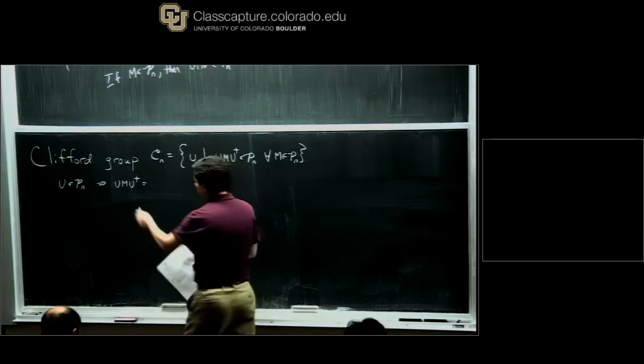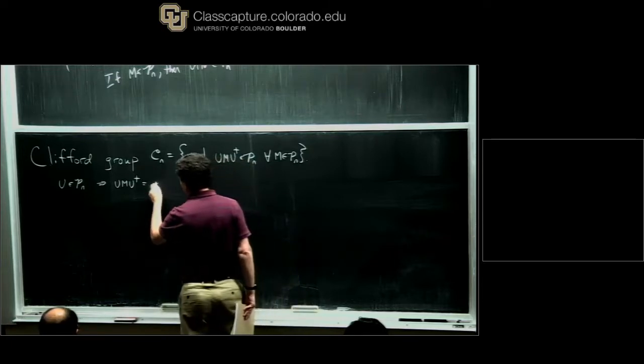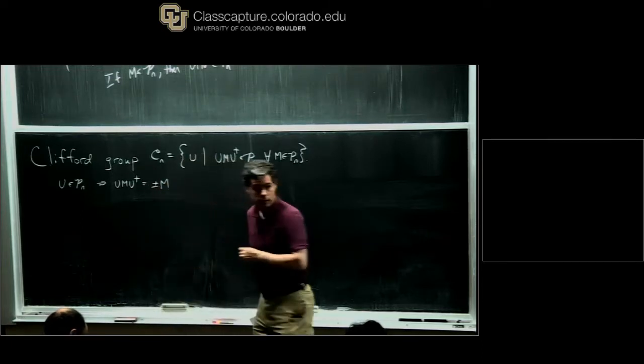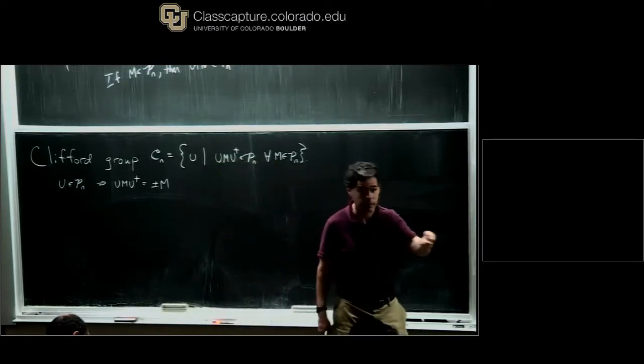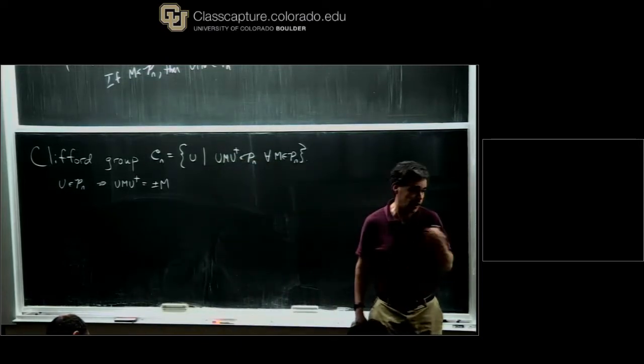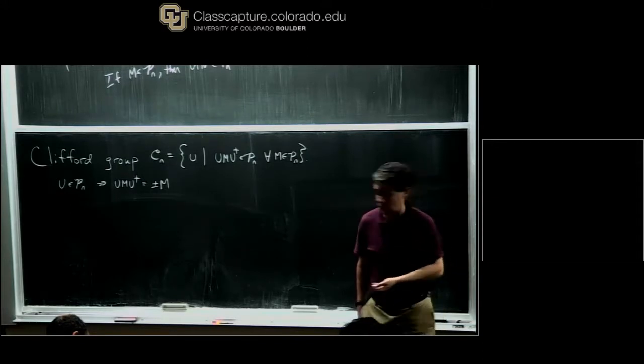Right? And when we move it through, then the u and the u dagger will kill each other. So we're ending up with plus or minus m. Okay? And because the Pauli group has these global phases, plus or minus 1, plus or minus i, that means that plus m is obviously in the Pauli group, and minus m is in the Pauli group as well.